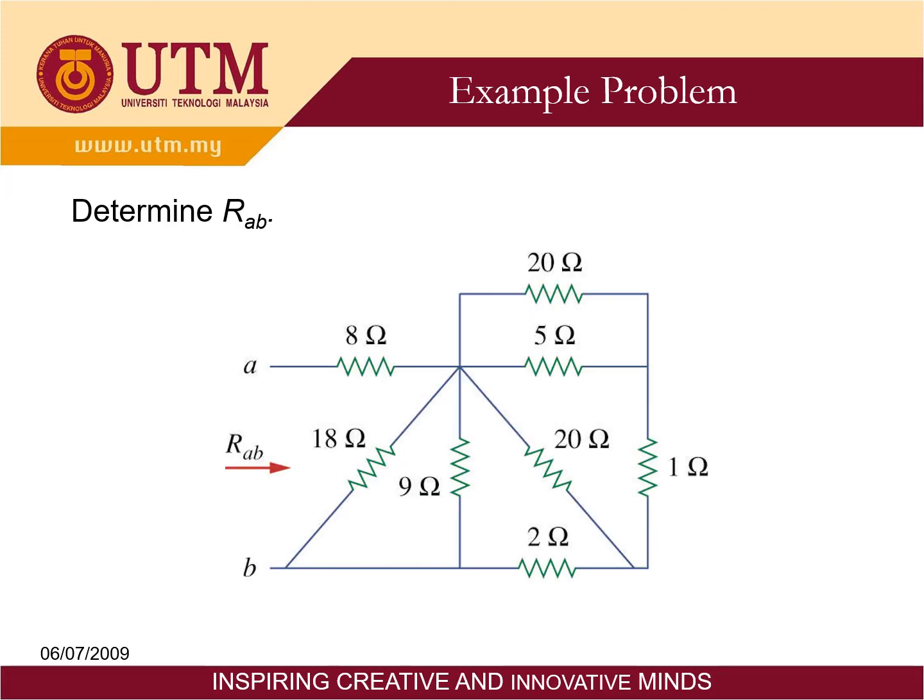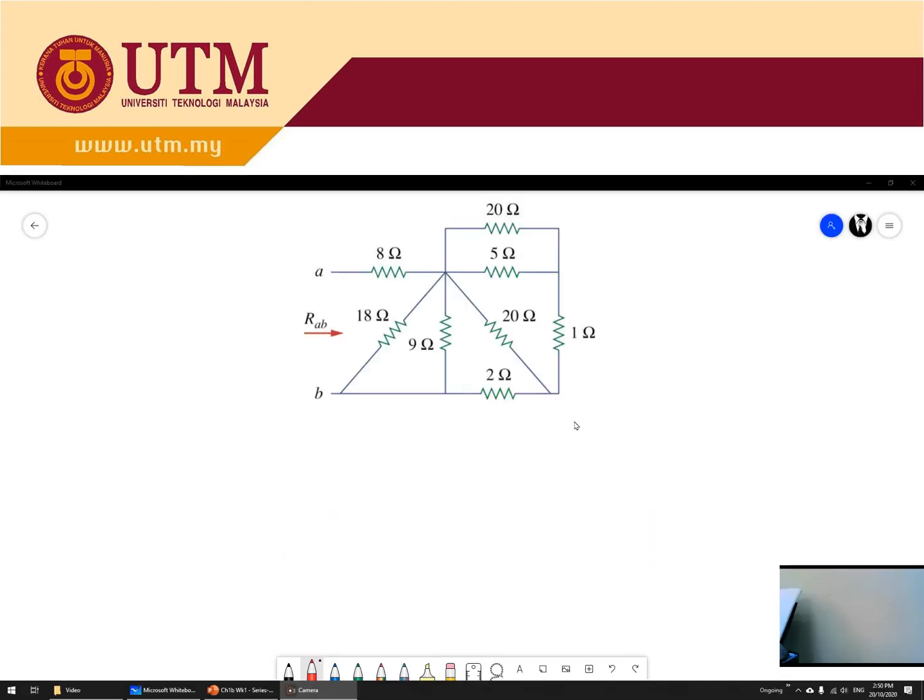Okay, here is another example. How to solve this? This one is a little bit tricky. If you can see here, this one is parallel because the node is the same. The start node and the end node are the same. So this one is parallel.